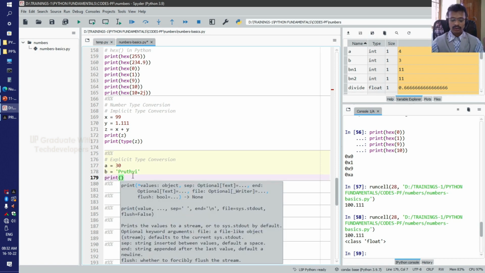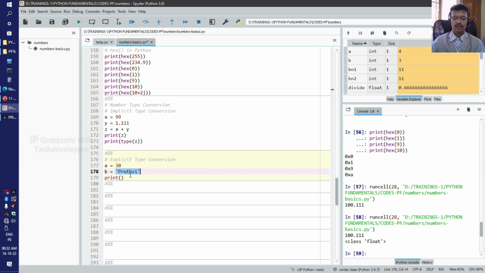Let us convert either this Prithvi to an integer value, or this integer value 30 to a string value.